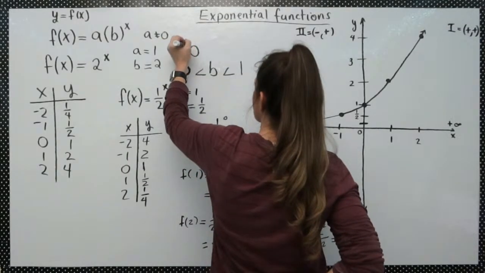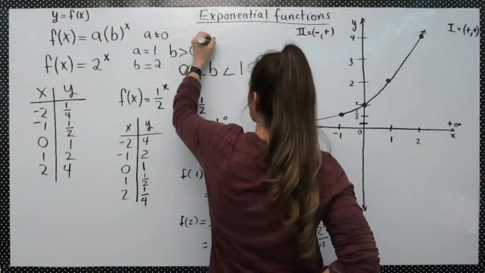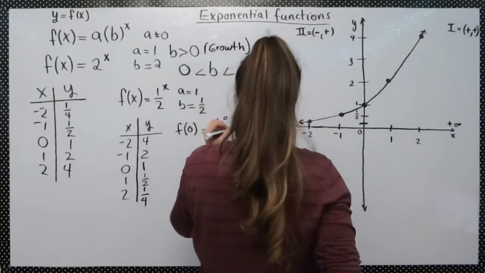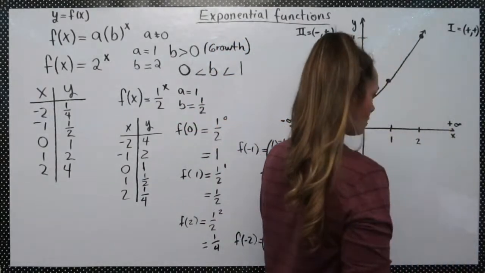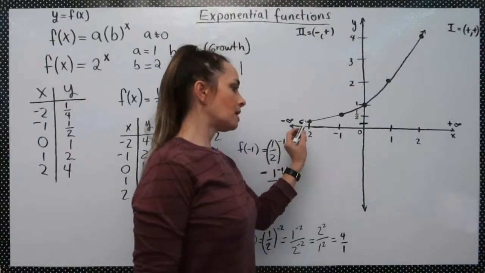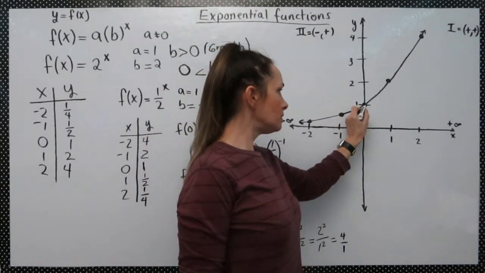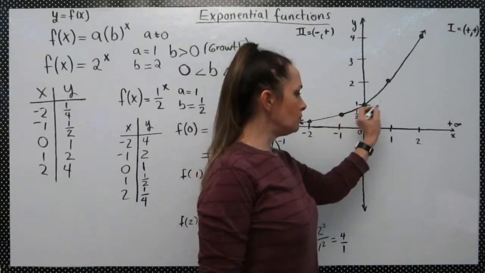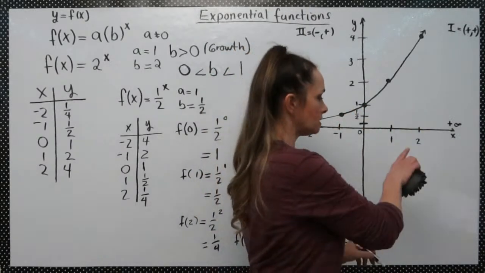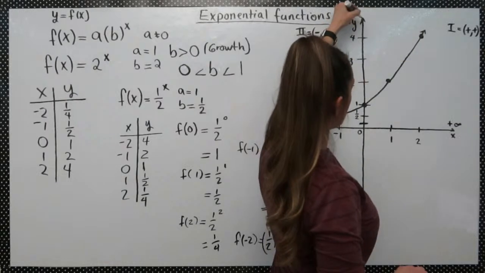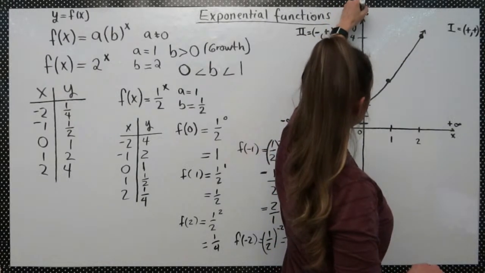You can see that because in this graph, you start out with an initial value of 1, and as your graph is moving to the right, in the positive direction, your y values are also moving to positive infinity.